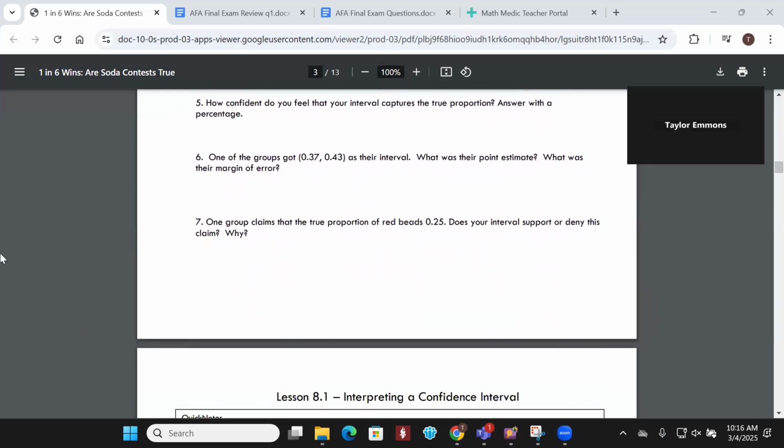So he said from 0.37 and 0.43, if I add them together and then divide by 2, what do I get? 0.4. Okay, so 0.4 is in between those two values, right?